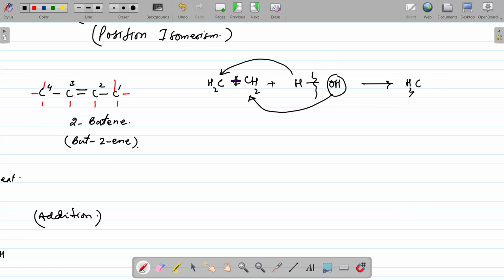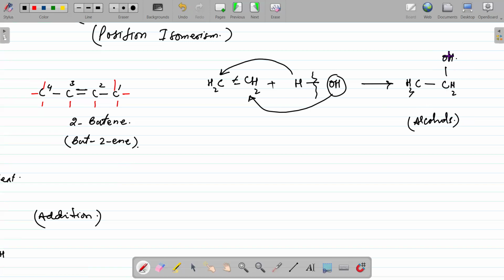And the double bond, when it is broken, became a single bond, and then CH2, and now OH, right? So CH3, CH2, OH, a new class of compounds that will form, which are known as alcohols. Is it clear?